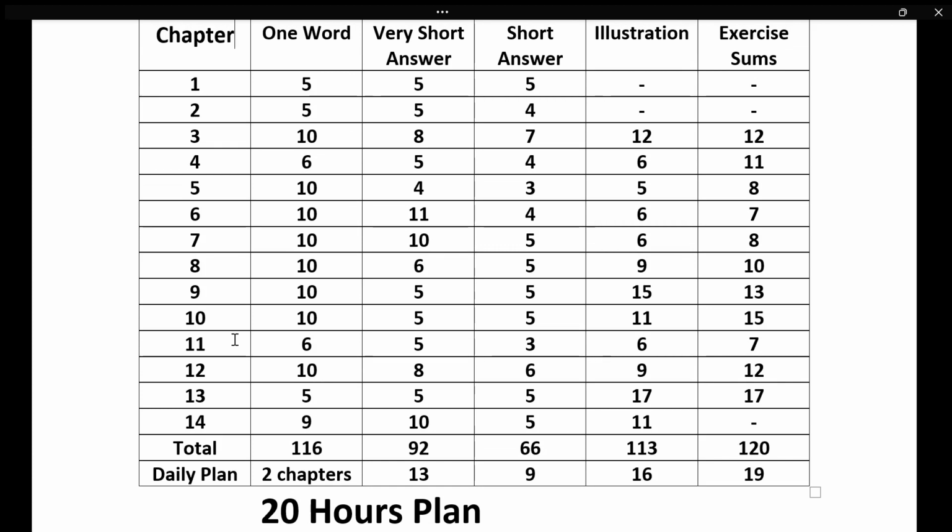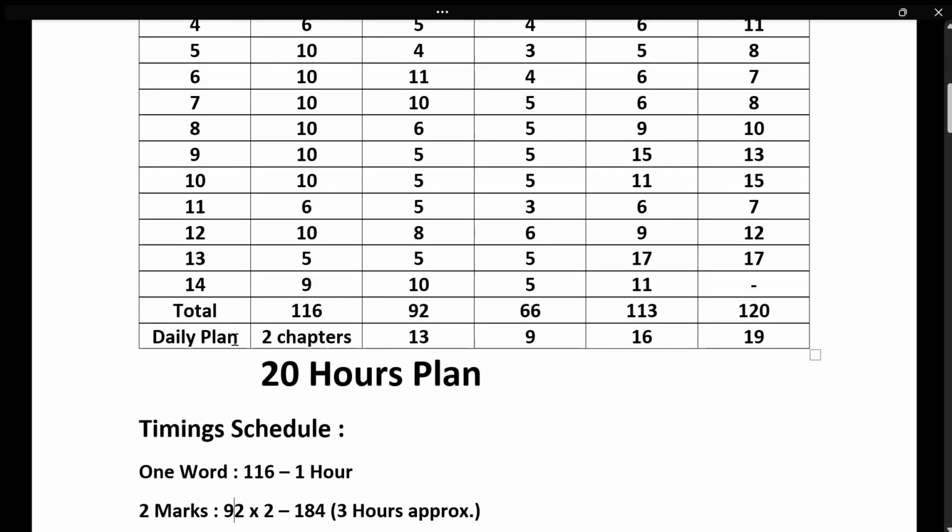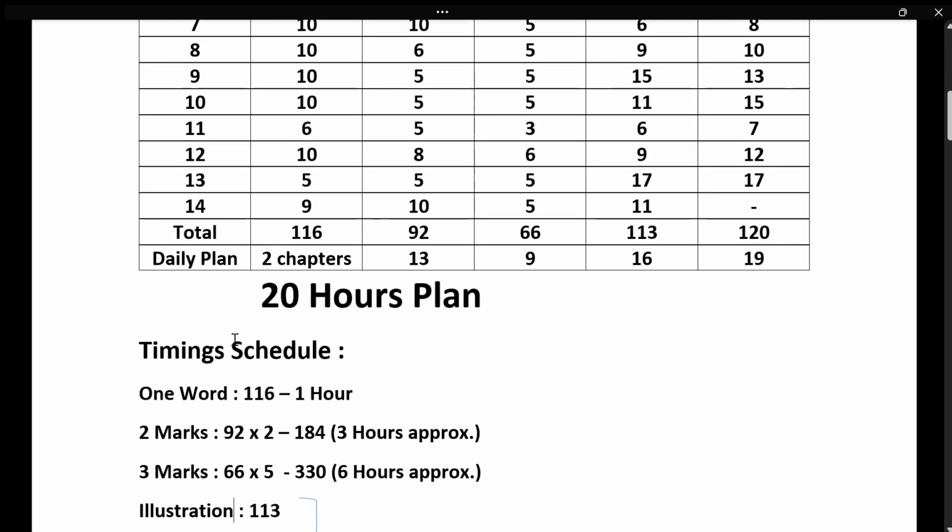So totally 116 one words are there, 92 very short answers, that is 2 marks questions, short answers 66, illustration sums 113 and exercise sums 120. So I have planned in this way, so within 20 hours you can finish all these portions without leaving any questions.